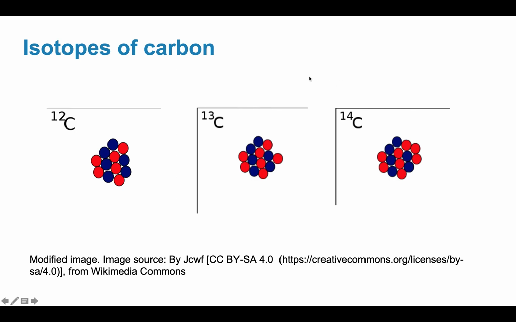Now, since different radioactive isotopes have exactly the same chemical properties, what scientists can do is introduce radioactive isotopes of an element into a chemical reaction and see where that element is going. What is it going to turn into?